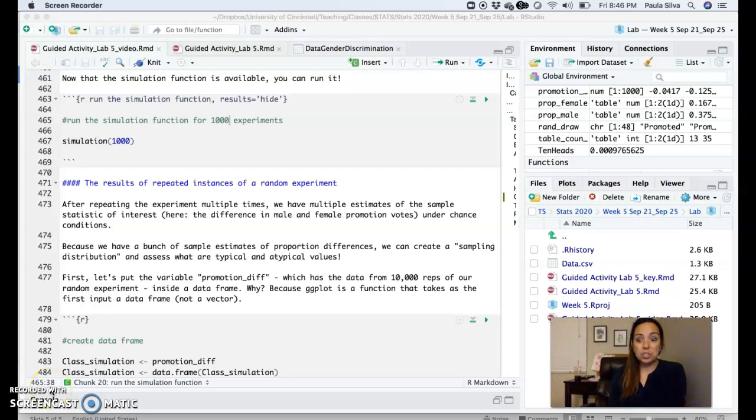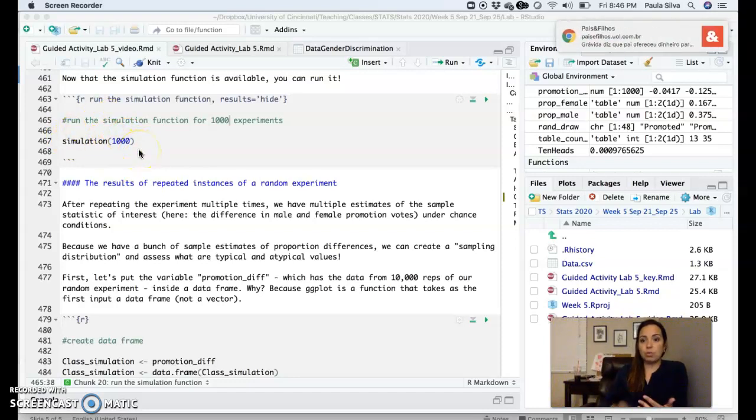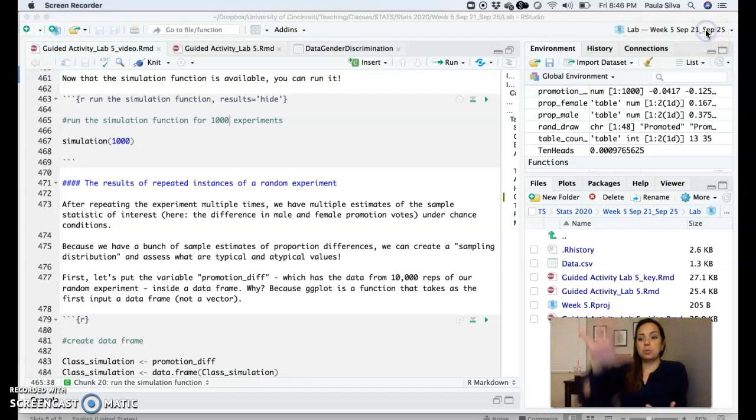All right, so we just ran a simulation using the simulation function I created to compute the difference between decisions about female hiring or promotion and decisions about male promotion.